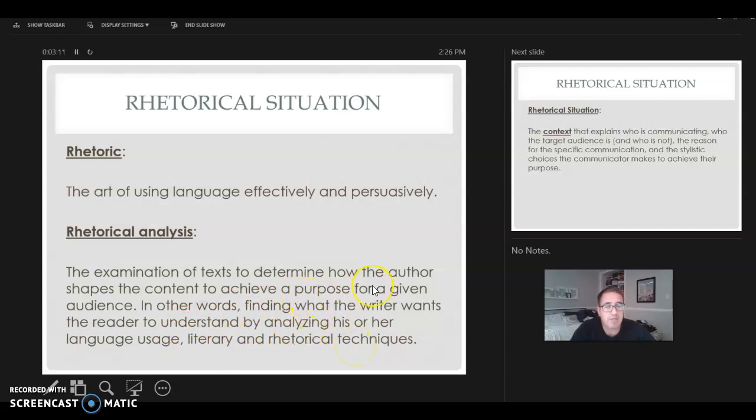So again, instead of just thinking about the message, X is true because of Y, we're thinking about, okay, they're using a lot of humor to try to persuade me here, or they're using scare tactics to frighten me into accepting their point of view, or using a lot of literary language and metaphors to make these connections in their writing, right? So that's what we're doing with rhetorical analysis. We're looking at how the writer is trying to convince us instead of what the author is trying to convince us to think or to believe.